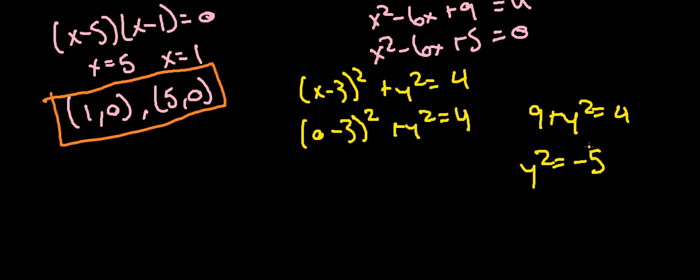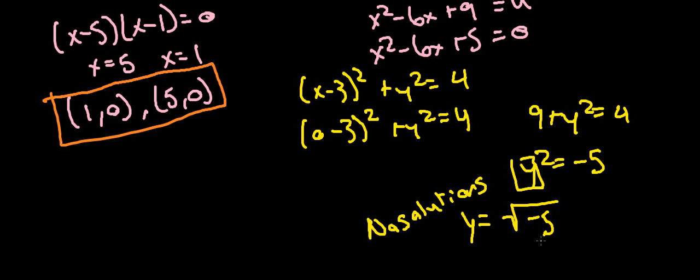Now in order to solve this, I need to take the square root of both sides. I get y is equal to the square root of minus 5, which is not a real answer. We can't take the square root of a negative number. So there are no solutions.